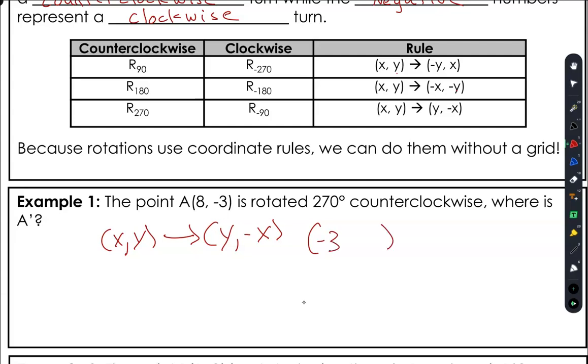So I'm going to put the -3 here, and put the 8 here. And then last, since this is negative, I'm going to change this sign to negative. So that's going to be my A prime.